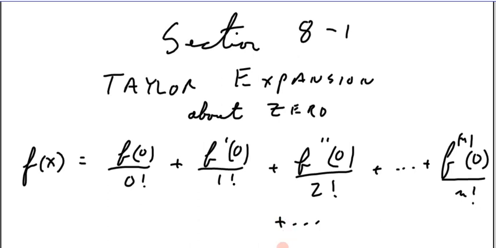And every function has a Taylor expansion. Every differential equation that has an answer has a solution that is a function that could be a Taylor expansion. So that's just one of those things that you think about.